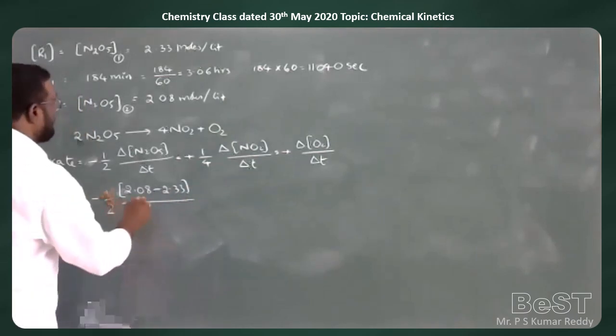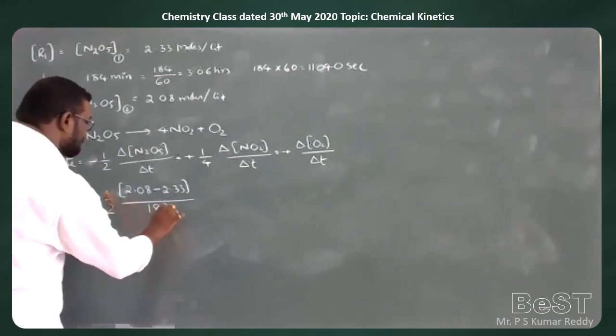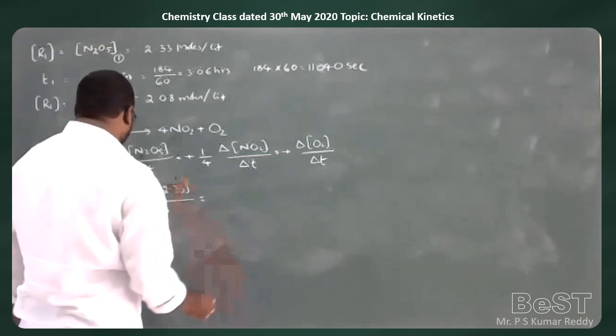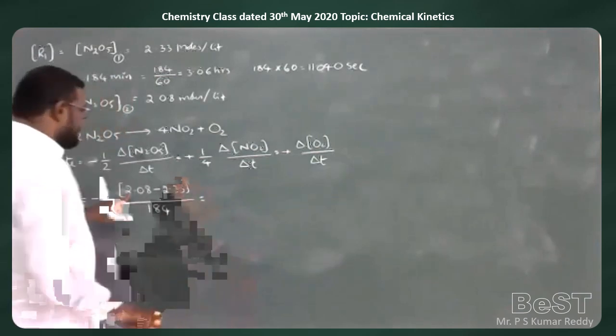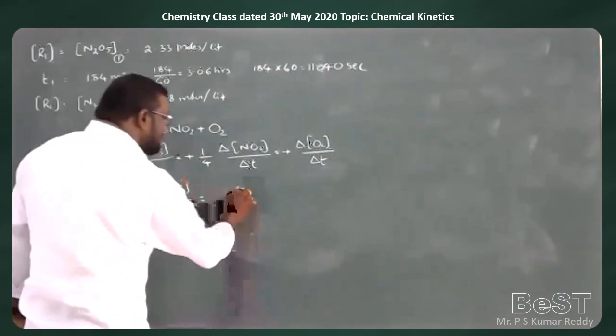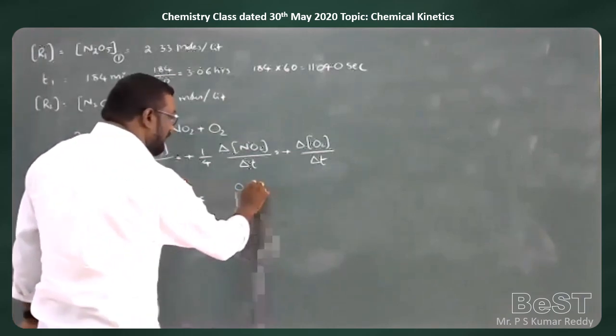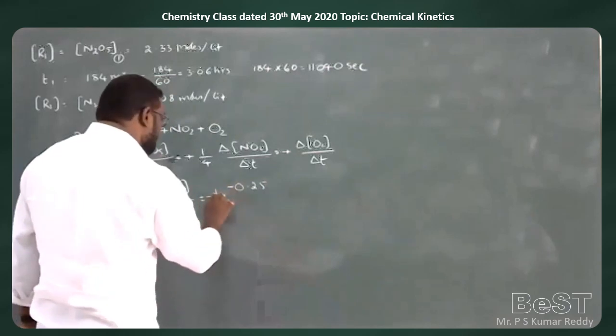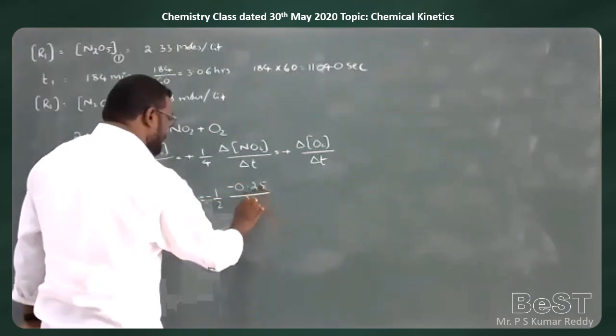So what is 2.08 minus 2.33? It is minus 0.25. So rate is minus 1 by 2 into minus 0.25 by 184.